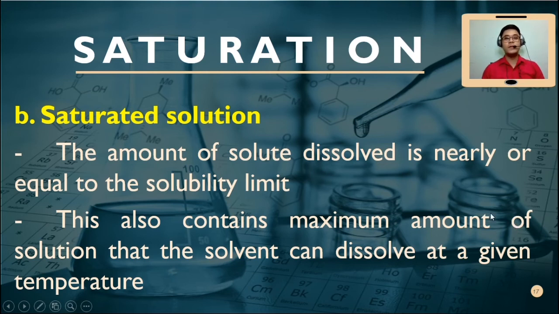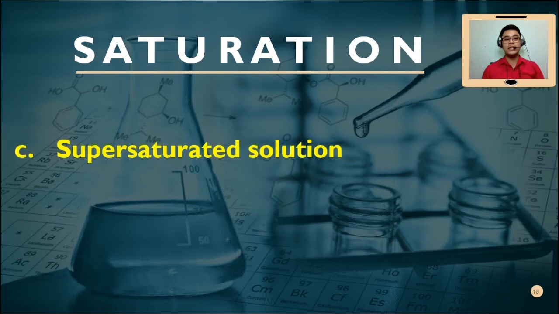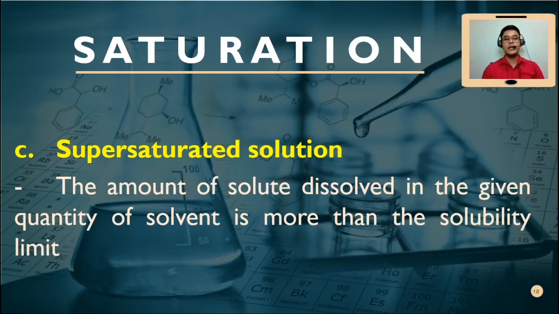So the third type of solution under the saturation is the so-called supersaturated solution. And what is a supersaturated solution? So this time, the amount of solute dissolved in a given quantity of solvent is more than the solubility limit. And usually, when the amount of solute in the solvent is more than that, the specific solution also becomes solid in state.